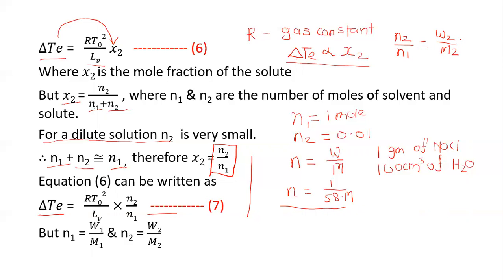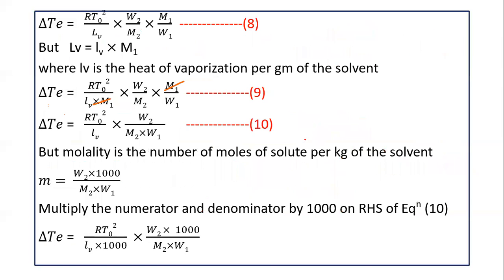So M1 goes to the numerator, and we can write M1 divided by W1. So equation 7 can be written by substituting that value, and delta T should be written as here.